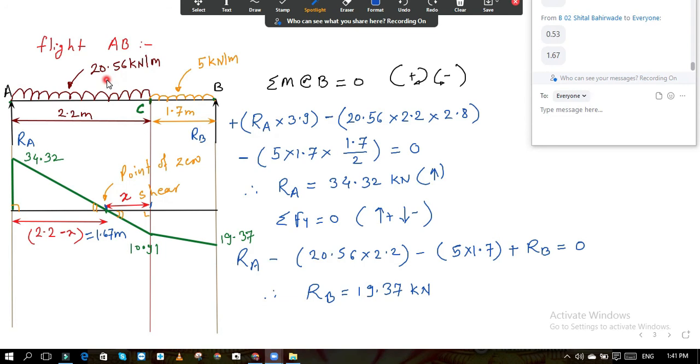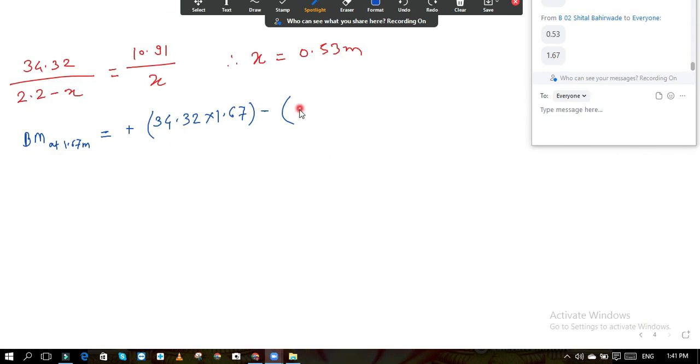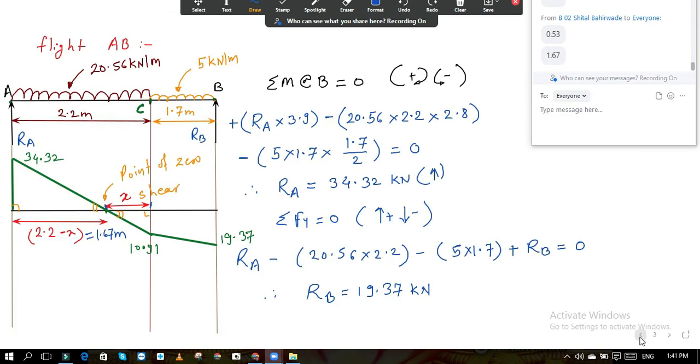Okay. So here it will be 20.56 into 1.67. This is conversion of UDL into the point load. Plus how much is the distance? What is the distance? So here it is 1.67.